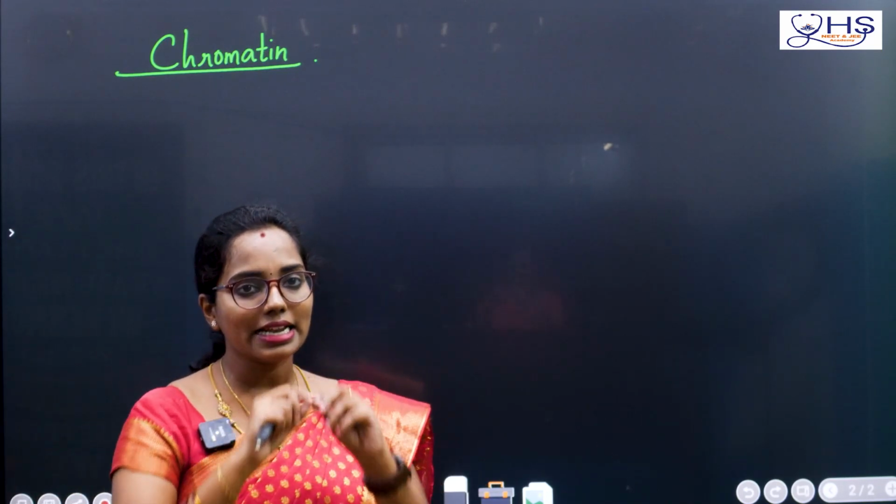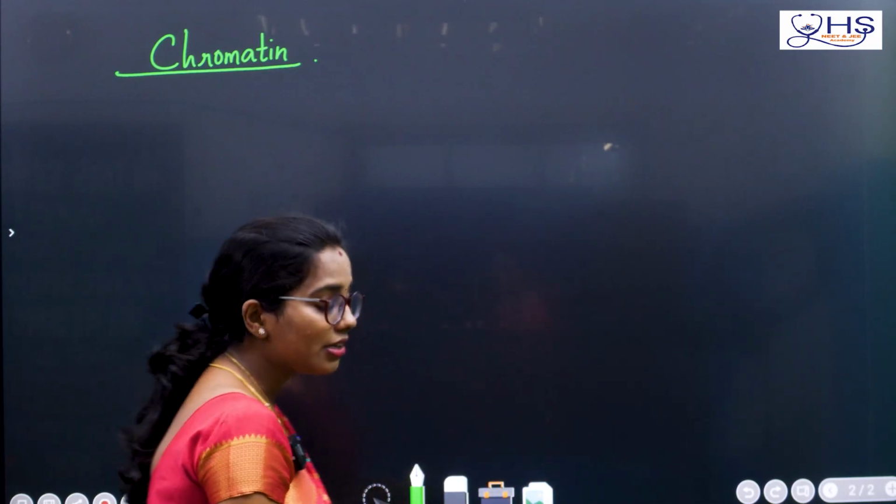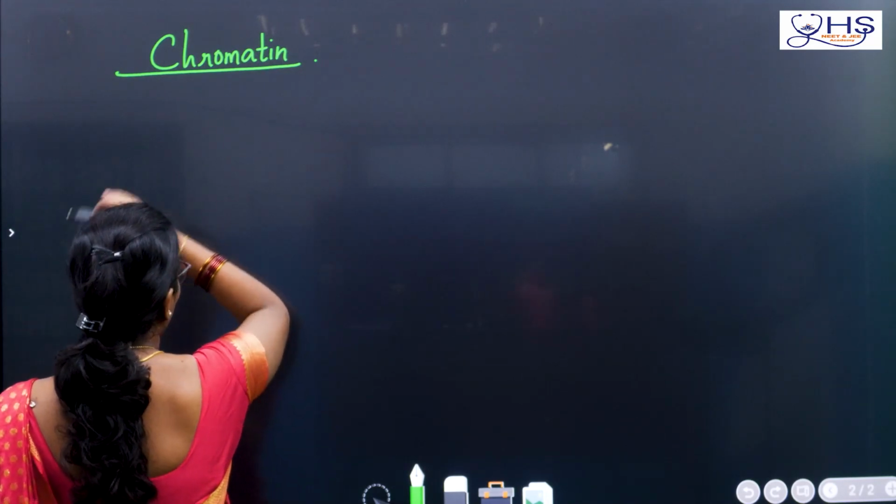is a thread-like structure. The length of DNA is 2.2 meters, but the size of the cell is less than that. So how is the DNA coiled and present inside the cell? It is in the form of chromatin. So chromatin is nothing but a coiling of DNA.